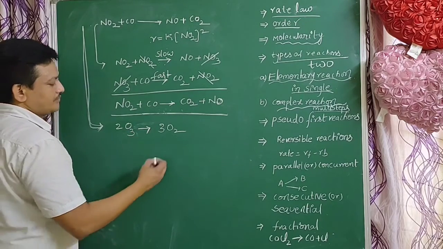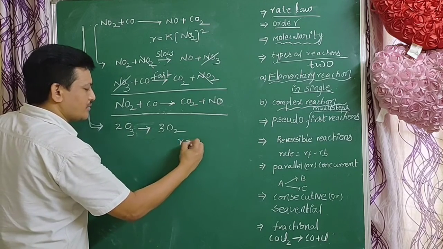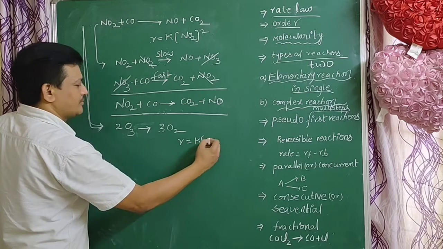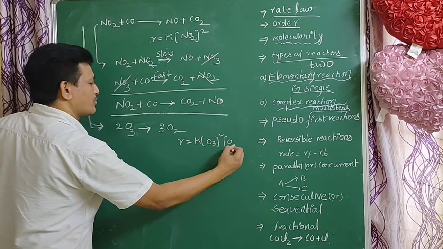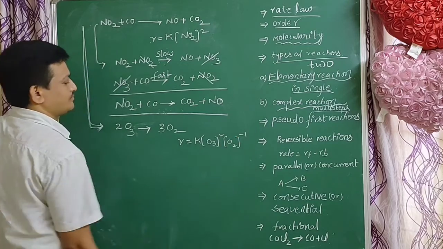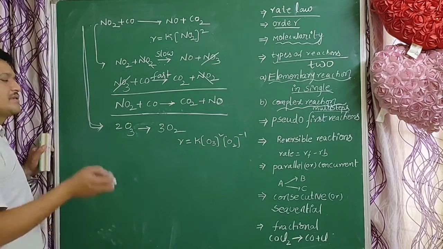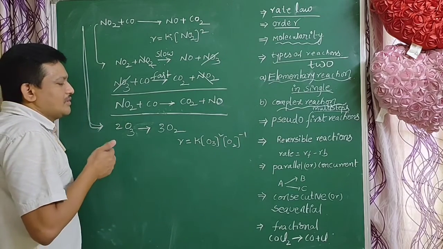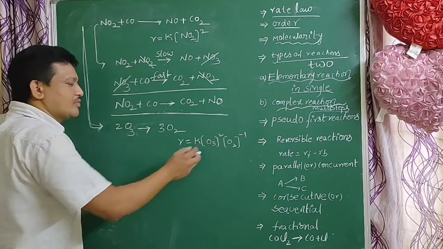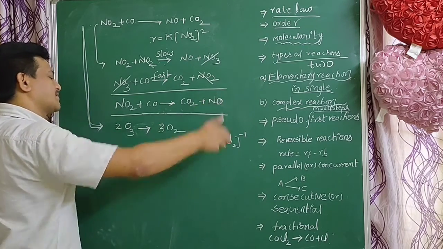So here rate equals K into O3 whole square into O2 power minus 1. This is a reversible reaction, and more oxygen is formed, which is why O2 is also involved in the rate equation to a small extent. This is a special reaction.